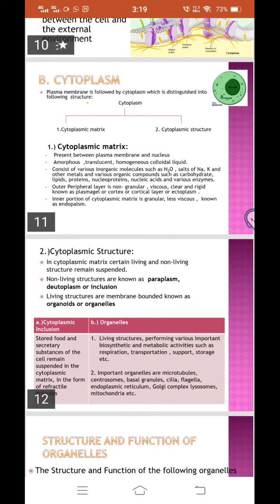That is, first one is the cytoplasmic matrix, which is the liquid part, and second one is the cytoplasmic structure, that is some less discussed portion. Okay? So first we take the cytoplasmic matrix. Now this cytoplasmic matrix is present inside the plasma membrane.